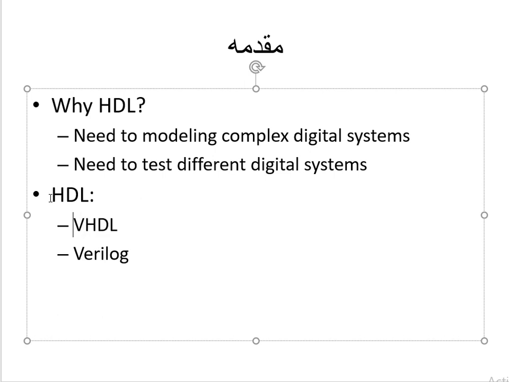And the other is Verilog, an industrial language for industrial environments and some companies. But both of them are very famous and regular. And now we select VHDL for modeling, for description, and for testing digital systems.